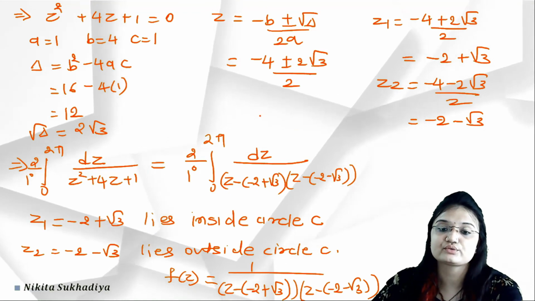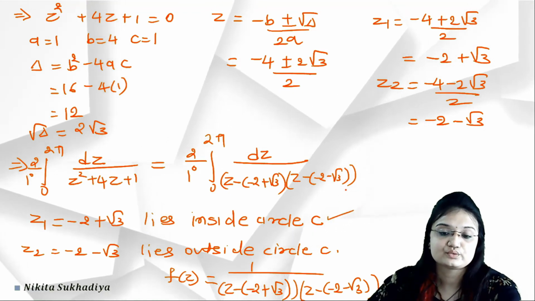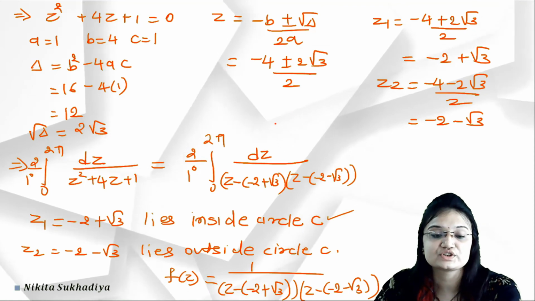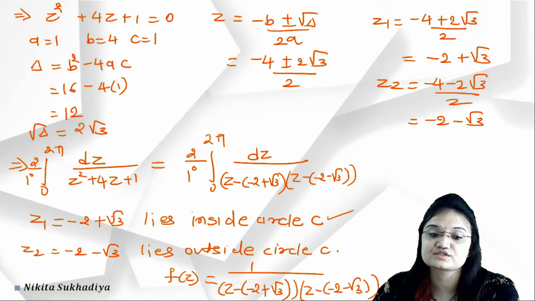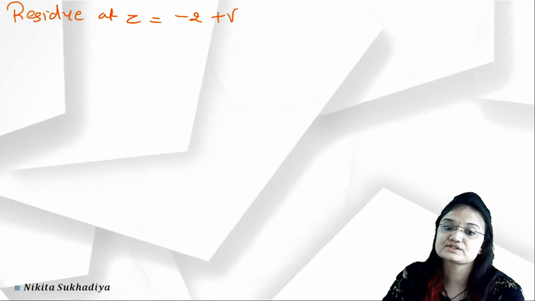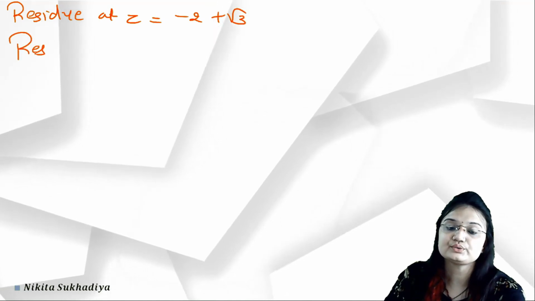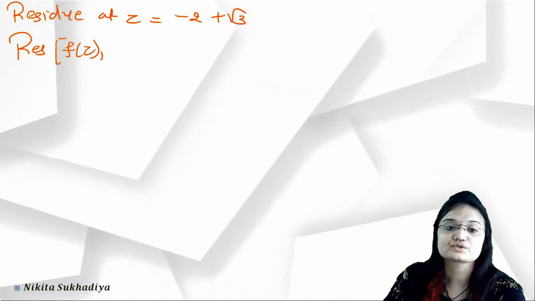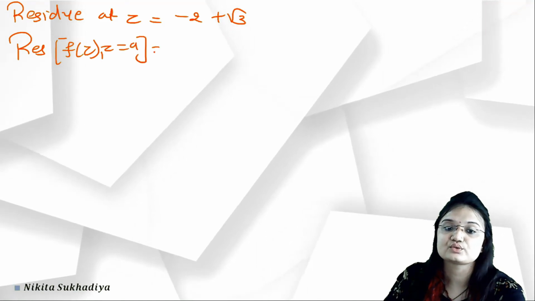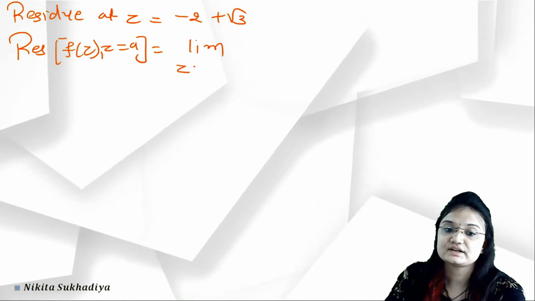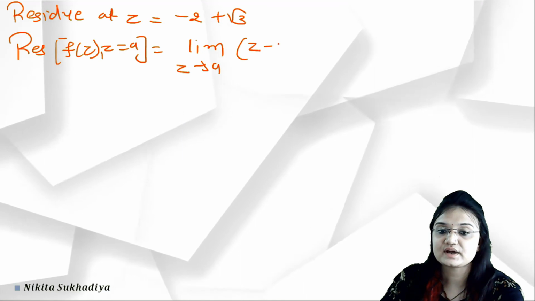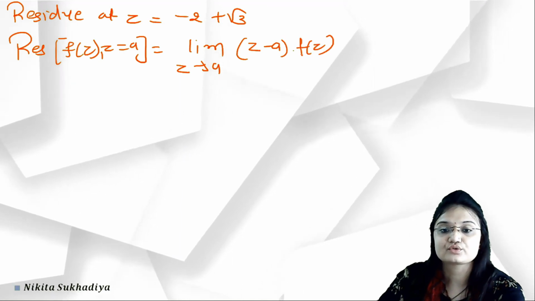Okay, so here we have to find the residue at the pole which lies inside the circle C, that is minus 2 plus root 3. So the residue at z is equal to minus 2 plus root 3, which is a simple pole, will become: residue of function f of z at z is equal to a is limit z tends to a, z minus a into function f of z.